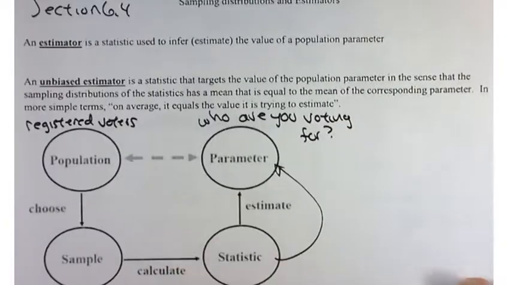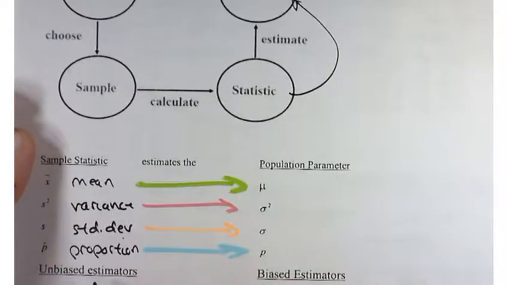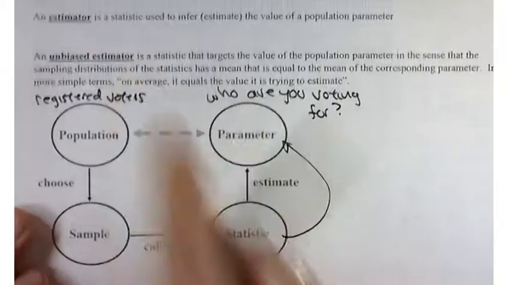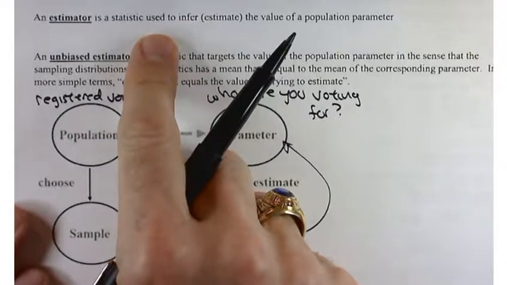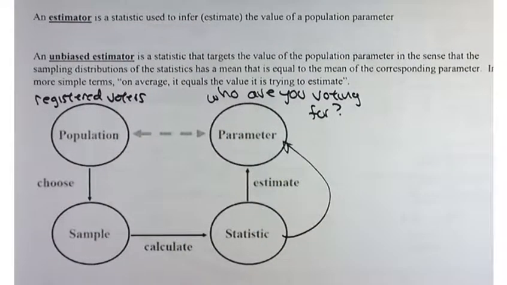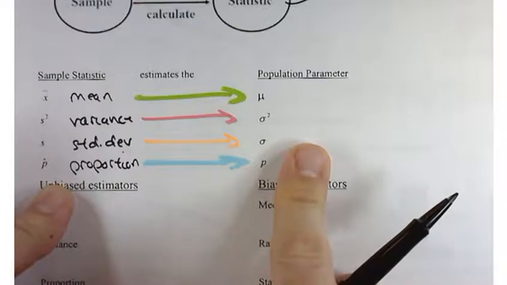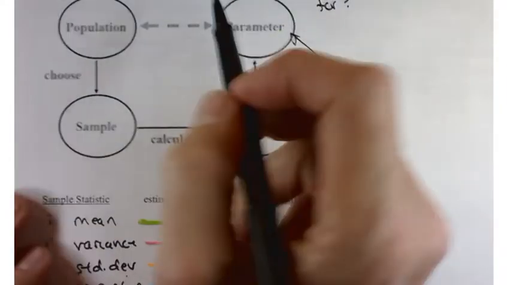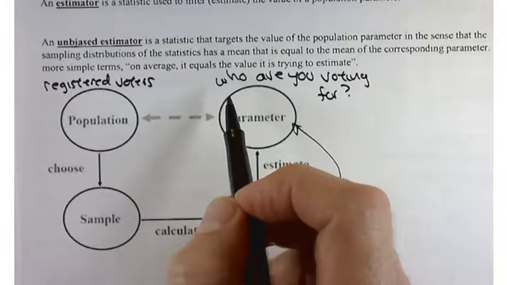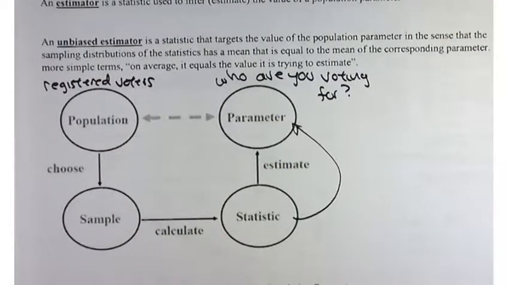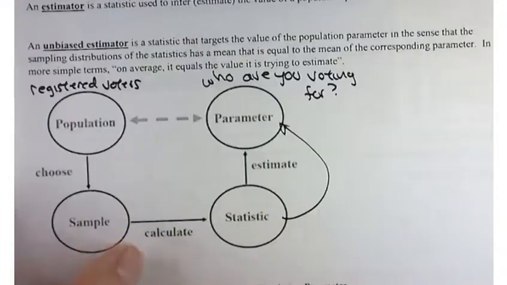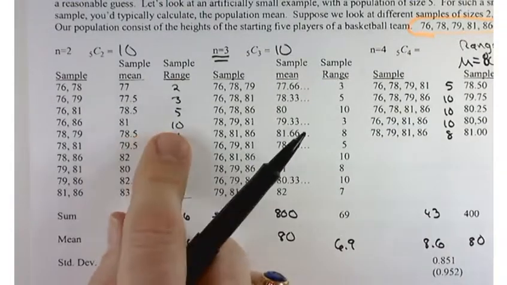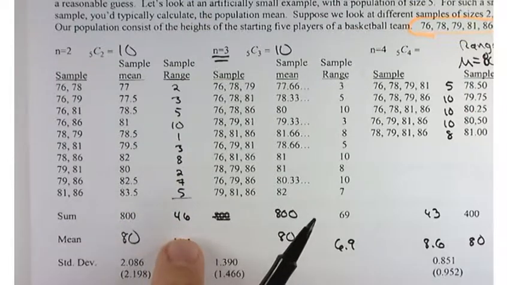So let's go back to our other handout. You've got an estimator, which typically is your sample statistic. That's used to try and give you a guess as to what the population parameter is. That's what this diagram is all about. But it's an unbiased estimator if, on average, it gives you what you're looking for. Now, on average, when we're dealing with the sample range, on average, it didn't give me what I was looking for.